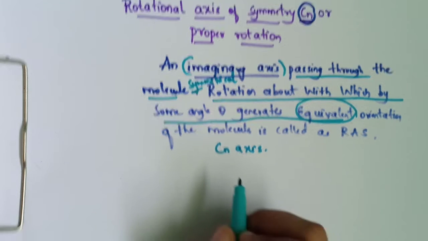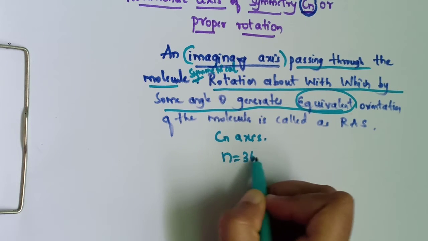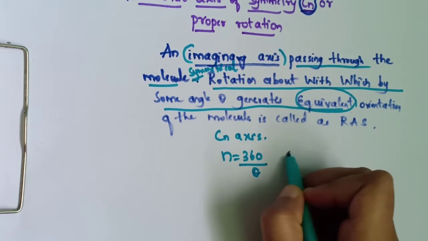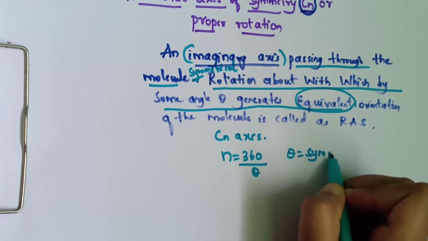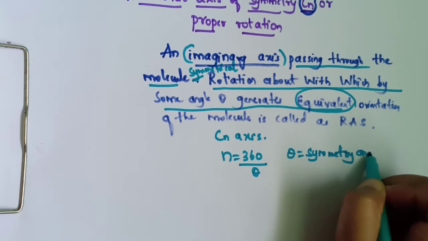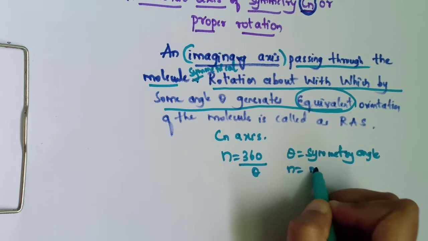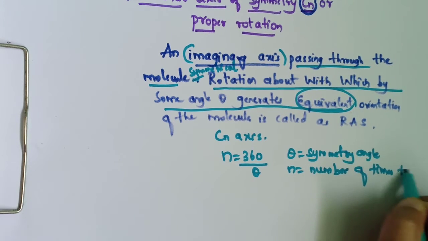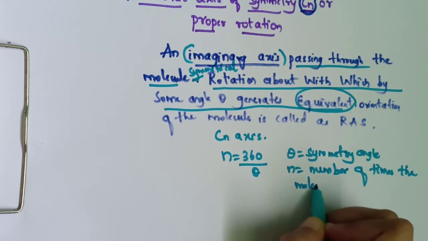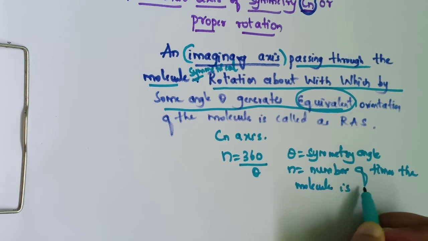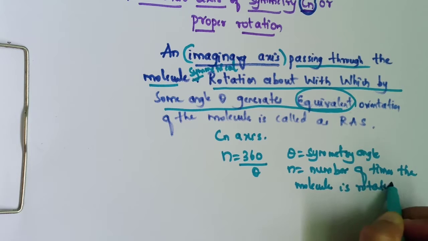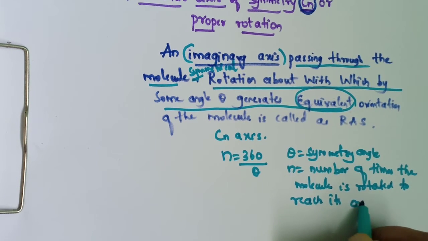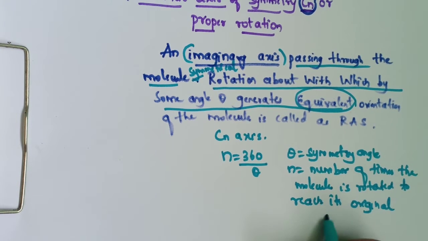Here Cn may be defined as n equals 360 by theta, where theta is the symmetry angle and n is the number of times the molecule is rotated to reach its original configuration.